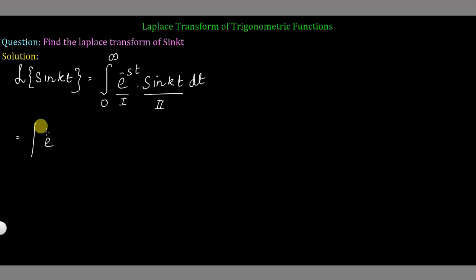First function as it is, integration of the second. So it will be cos kt divided by k, and the integration of sine will be negative cos, from 0 to infinity, and then minus the integral from 0 to infinity.